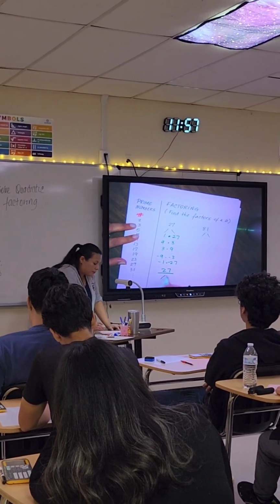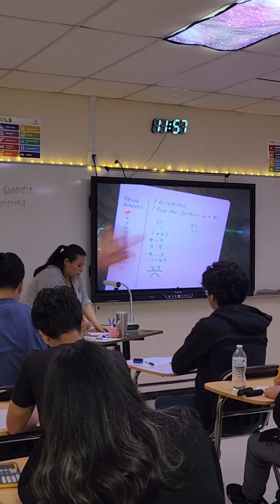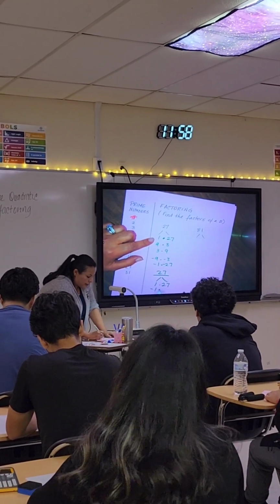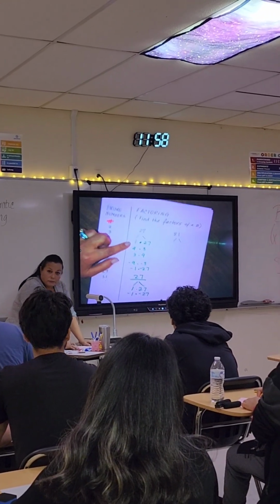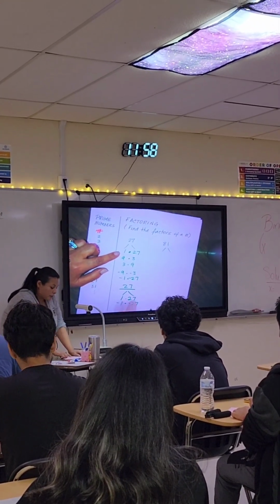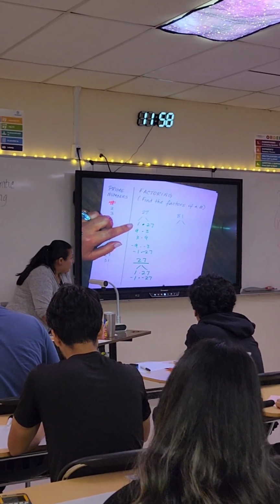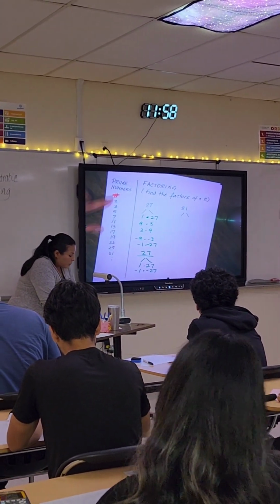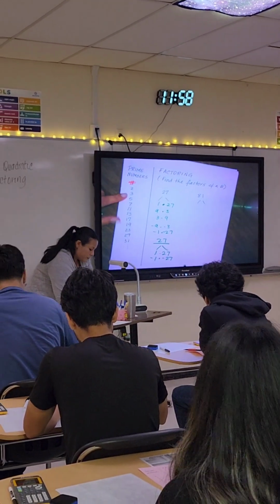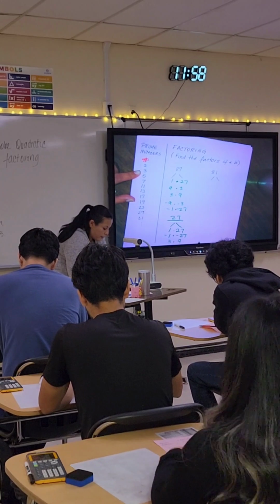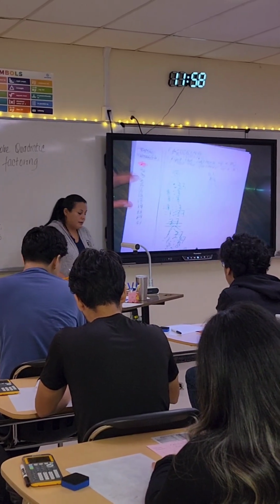My first set of factors was 1 times 27, or negative 1 times negative 27. I'm looking at the positives and the negatives because my product is positive. Then, going in order, my next one is a 3. I have 3 times 9 or negative 3 times negative 9.